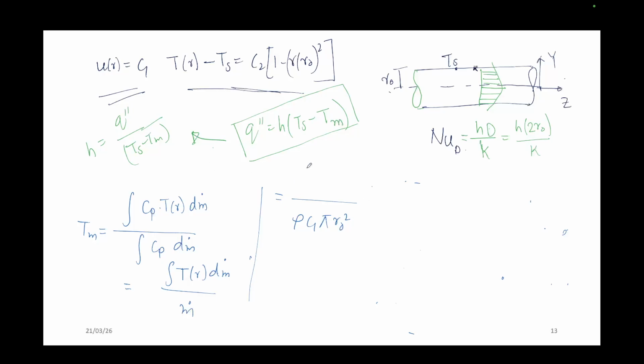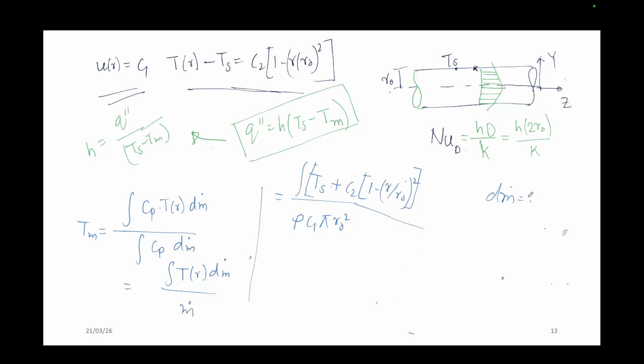Now the top part, here the integration is TR. What is TR? This one is the full one. TR is TS plus C2 times 1 minus R by R naught whole square into dm, right? So what should be the dm here?